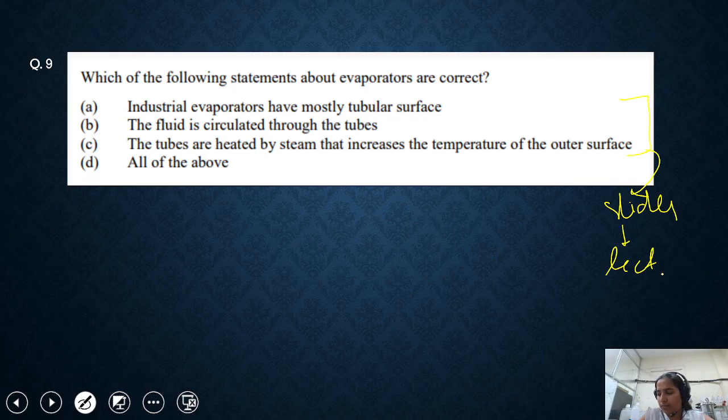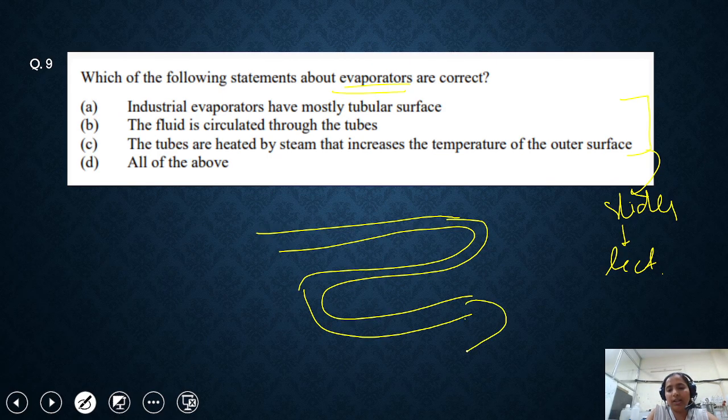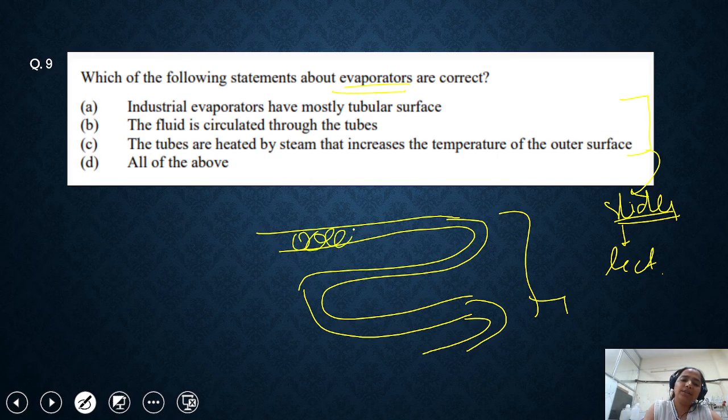D, yeah, right. All three statements about evaporators are correct. In industry we mostly use the tubular form. I haven't put the picture here, but that picture is also present in your slide. Industrial evaporators are usually present in this form and the fluid will flow in a circular form.